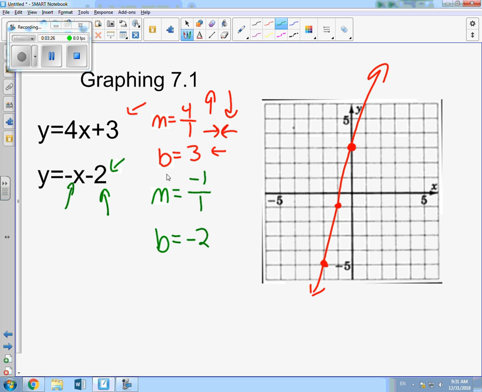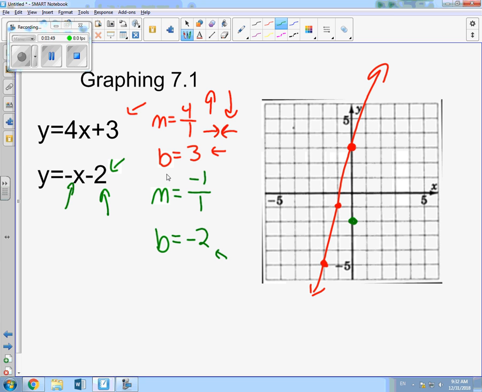So m is negative 1 over 1, b is negative 2. Let's start graphing our points. The first thing I always do is graph b. So negative 2 tells me go 1, 2 down. So I end up here.